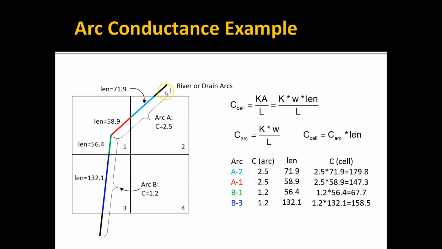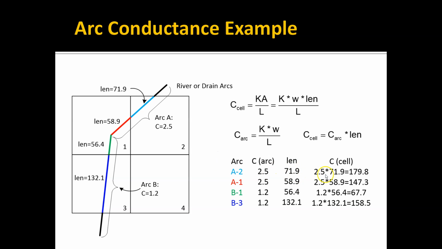So looking at arc A here, the length of overlap on cell number 2 would be 71.9. So that's right down here, the first row of this table, arc A2 in blue. These are color-coded to help you match. The conductance per unit length is 2.5, and the length is 71.9.